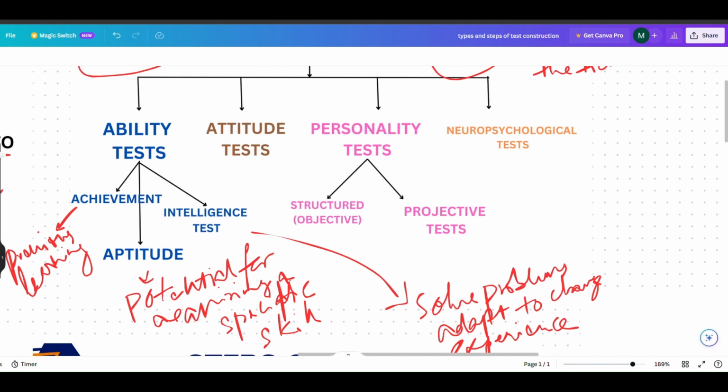So now if we take an example, we have the TAT mainly, and we have the Rorschach. TAT is the Thematic Apperception Test, and part of TAT is CAT, which is the children's version.